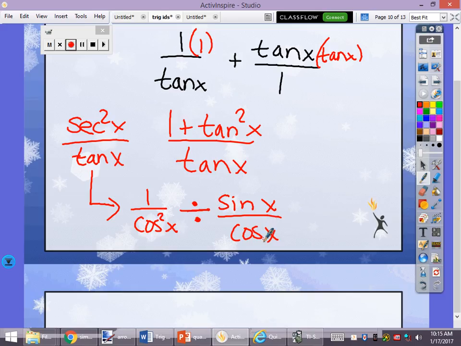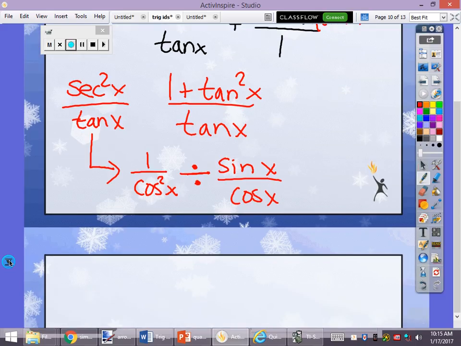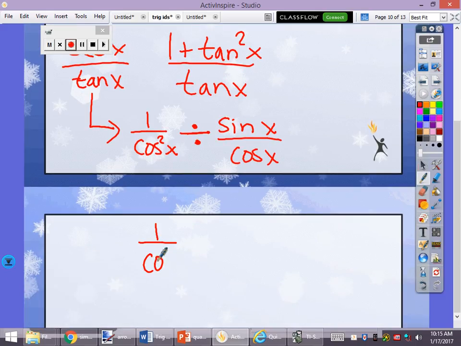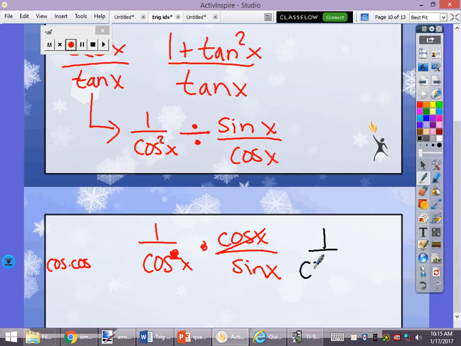Notice there's no square because this is a plain tangent. When you divide, you really multiply by the reciprocal. Now this cancels this, and it only gets rid of one of the cosines, right? Cosine squared is cosine times cosine. So I canceled one here, canceled one here. Yes? All right. Now, I have 1 over cosine x sine x.